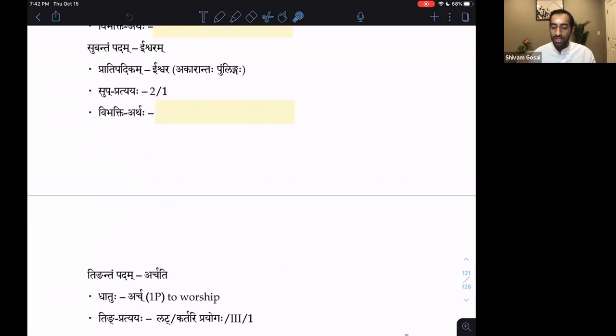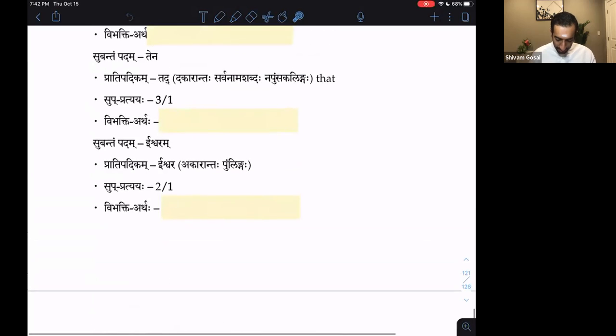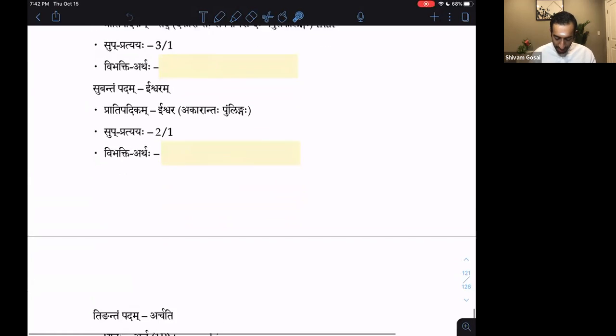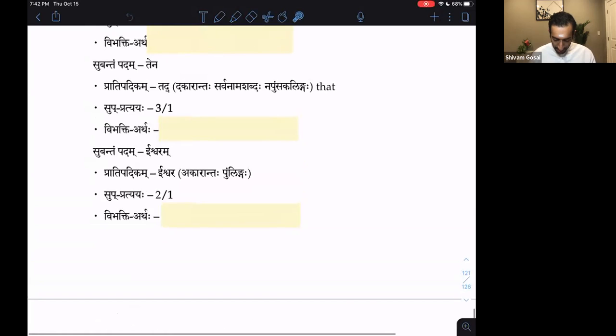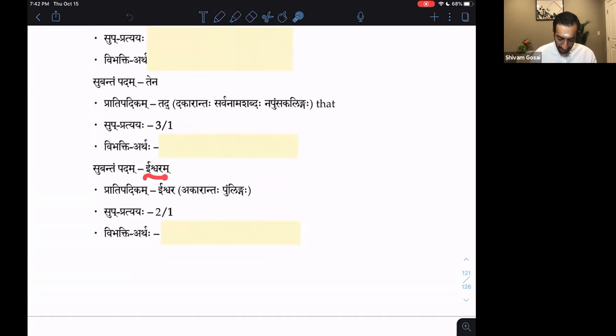Okay, let's just say we can supply saha. Saha will also work, but we already have a tad in this, right? So we might as well just use the purusha. So something worships. Now worships what? Worships Ishwaram. Okay, so someone worships Ishwaram.